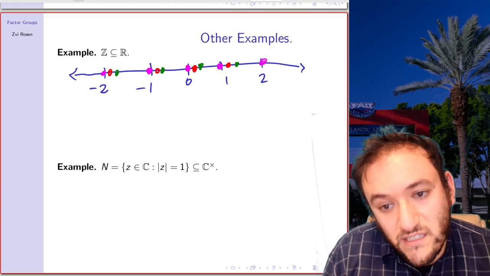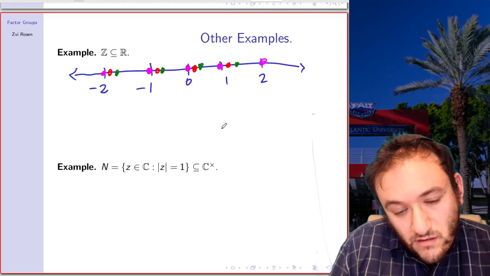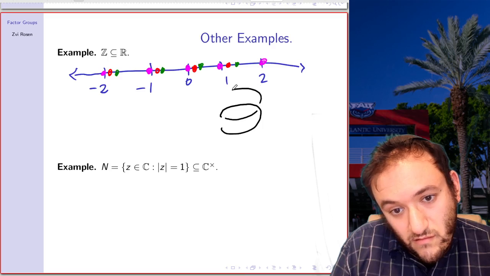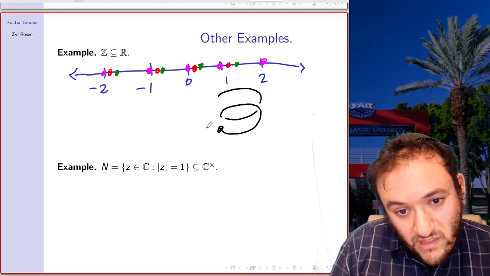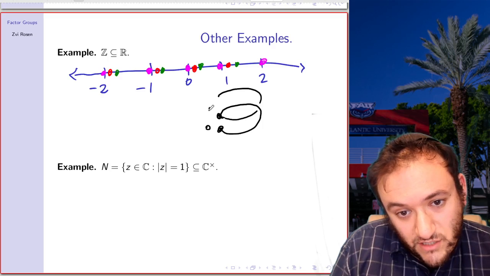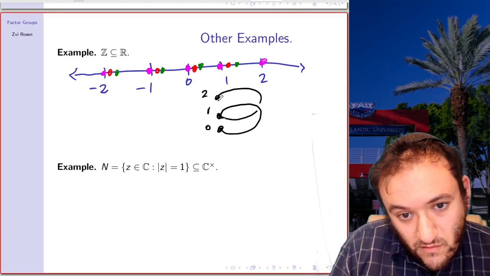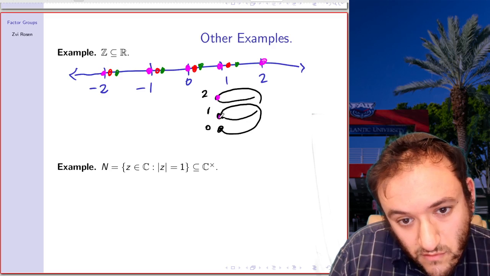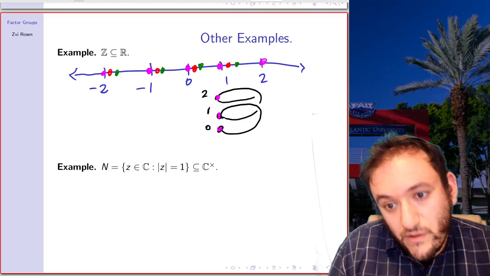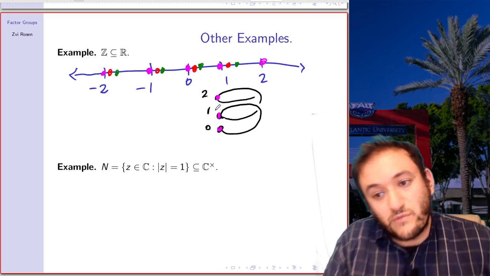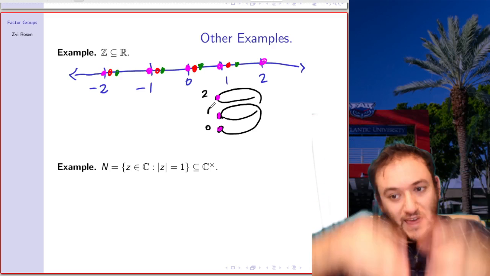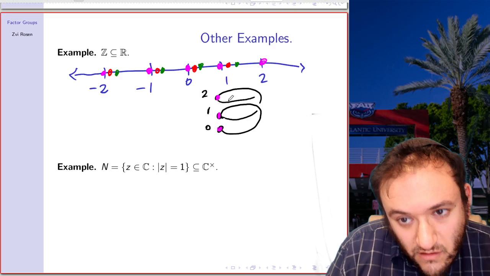And one perspective on this would be to think about all of this as living on a circle. And with each turn of the circle, you get a new integer. Okay, so we'll use pink because that's what we used over there. So the equivalence relation is really taking a projection of this spiral, of this helix, and projecting it down onto the circle.